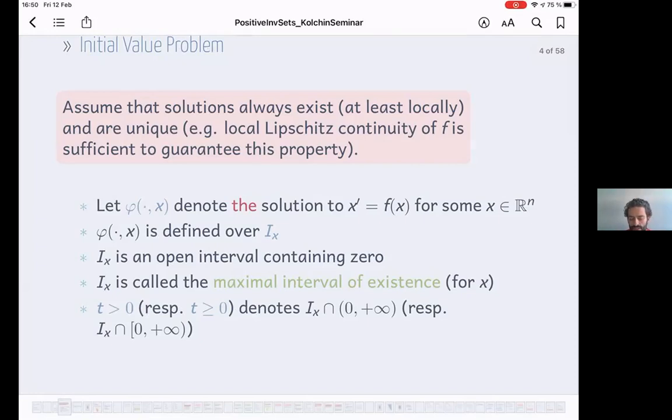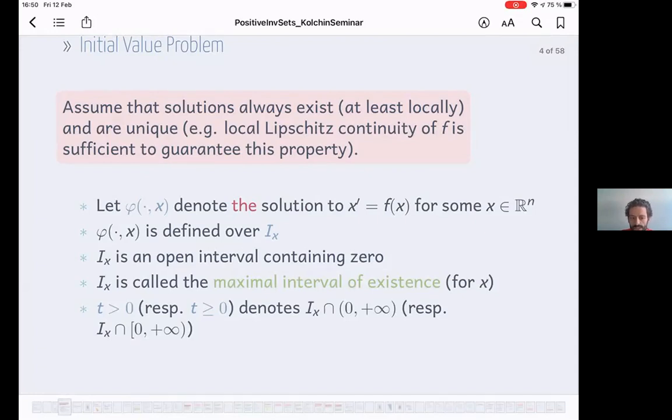So these functions are defined over some open intervals denoted by I of x, and they contain 0 naturally, and there is a maximum interval of existence for each x. So again, I won't discuss those problems like finite explosion problems, etc. I'm staying locally where everything is defined, and the solution, the flow, exists and is unique.